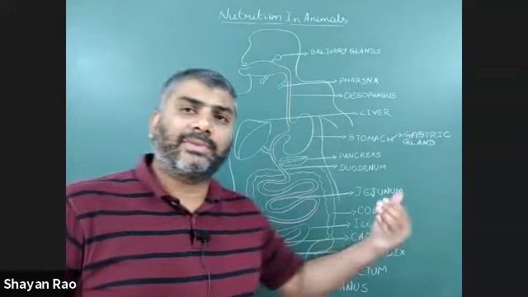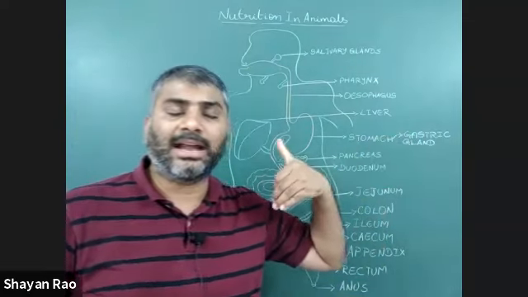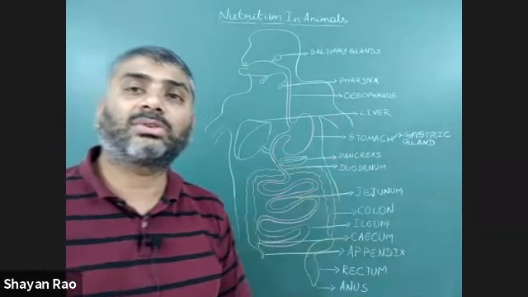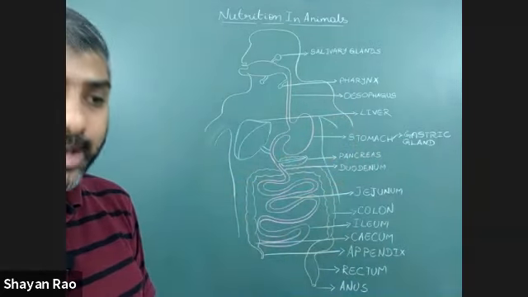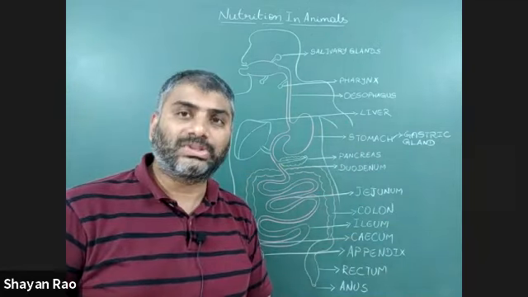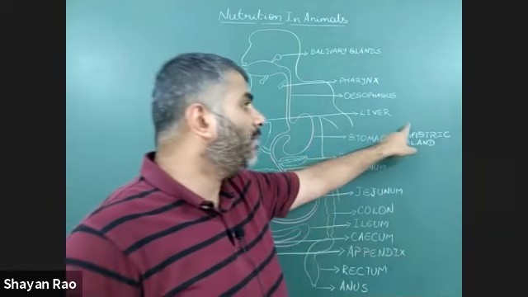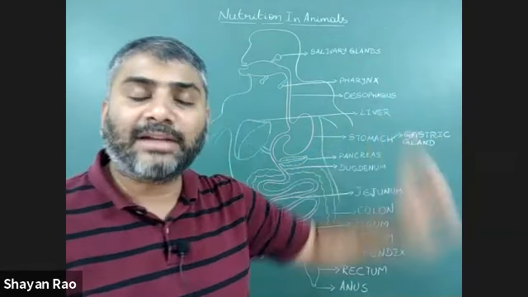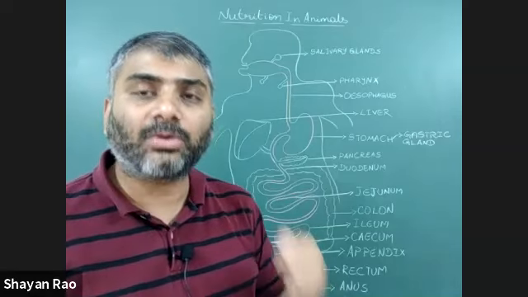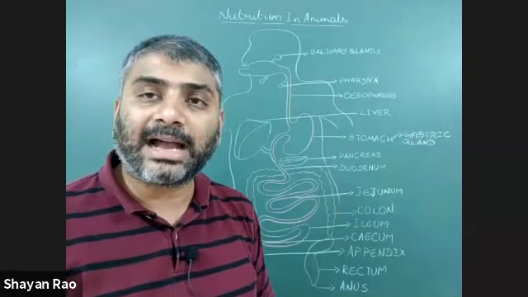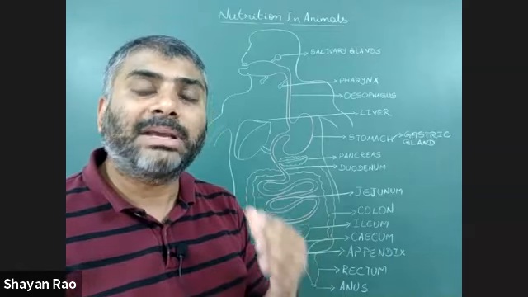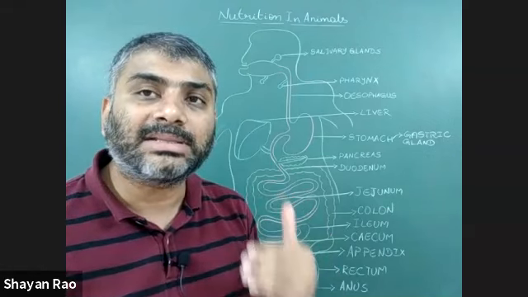There are a variety of enzymes secreted by the gastric glands, which we will come to later. Along with this, they also secrete HCl, hydrochloric acid. These together are called gastric juice. So the stomach has gastric glands, and the gastric glands secrete gastric juice, which contains hydrochloric acid, making the entire juice acidic in nature.